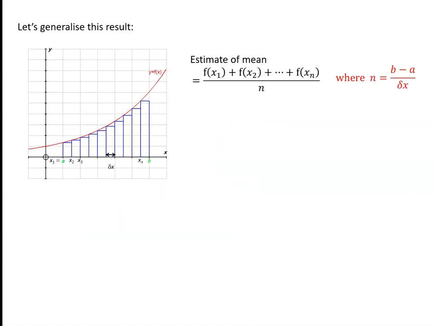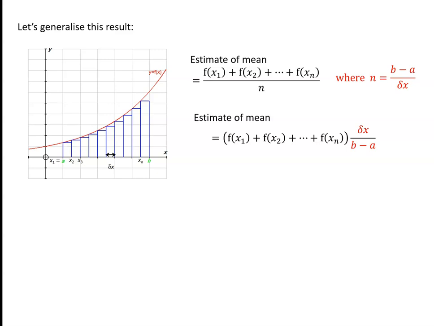So we've got the estimate of the mean is f of x1 plus f of x2 all the way up to f of xn divided by n, where n is b minus a over delta x. Which means that the estimate of the mean is f of x1 plus f of x2 all the way along to f of xn.